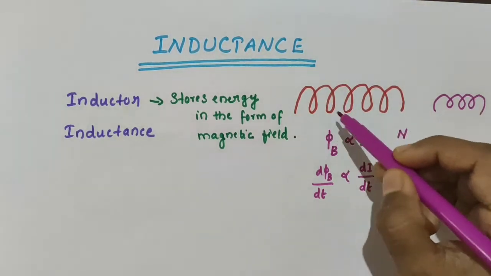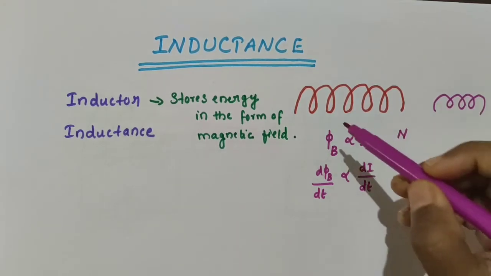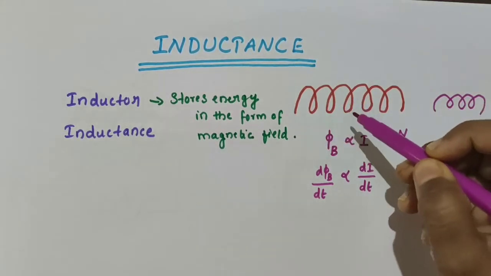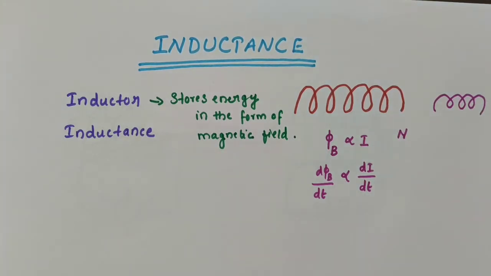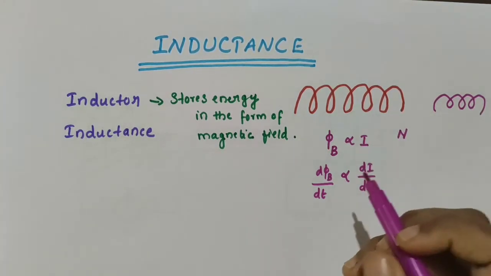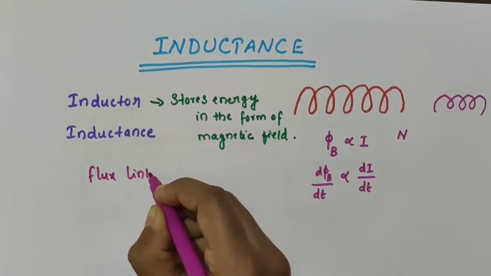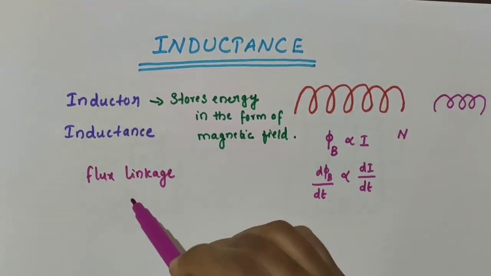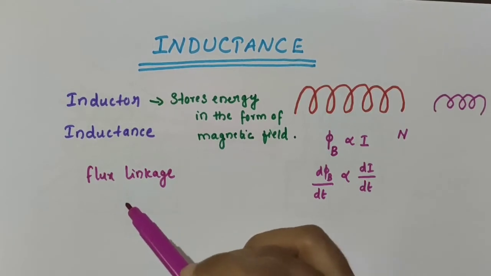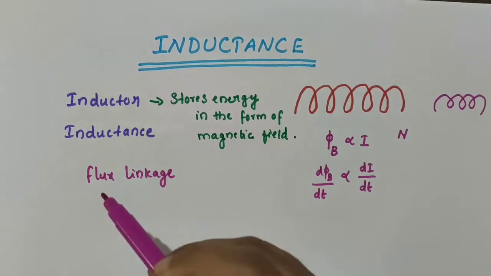That is, all turns of this coil are linked with the flux change, and each turn contributes to the induced EMF. So here we will use a term which is flux linkage. It is actually the flux through the coil multiplied by the number of turns the flux passes through.